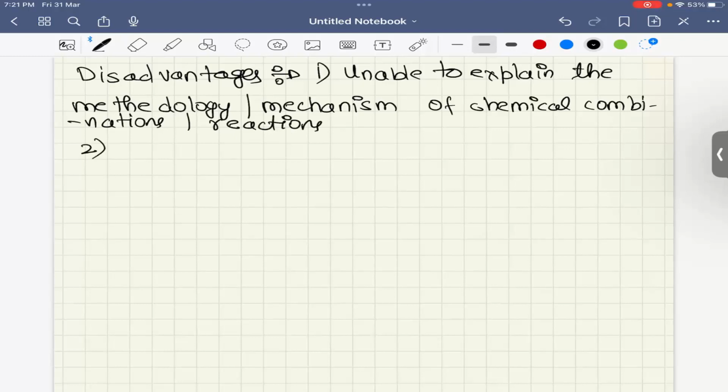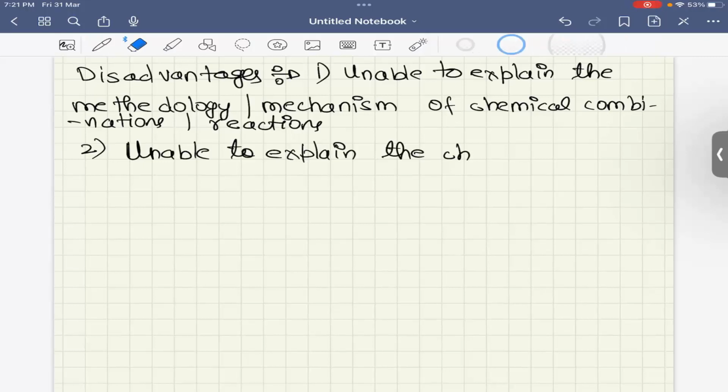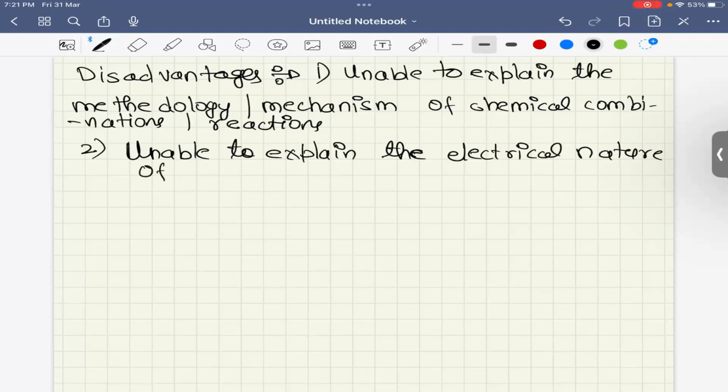Further, it was unable to explain the electrical nature of materials or matter.